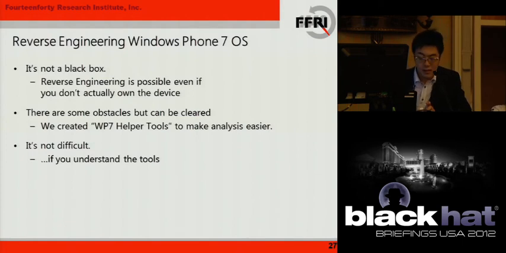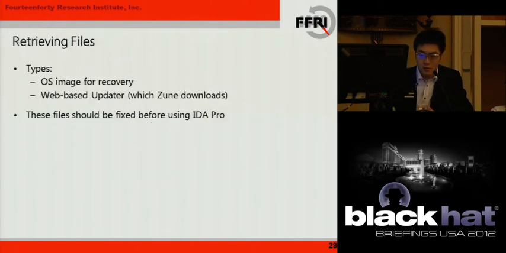So, the first step of reverse engineering is retrieving files. If you need to analyze the whole system, you will need an OS image. Fortunately, some OEMs like HTC made recovery images available. Also, their web-based updater files can be used.